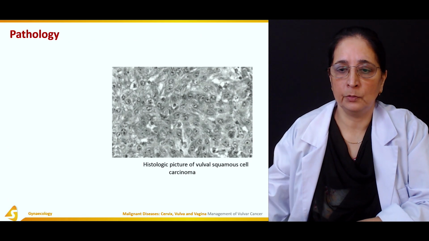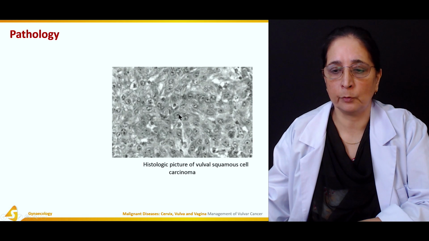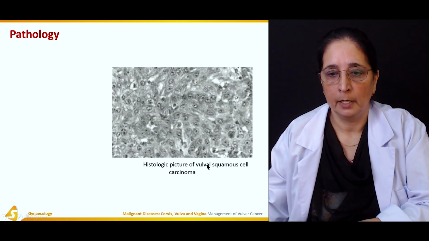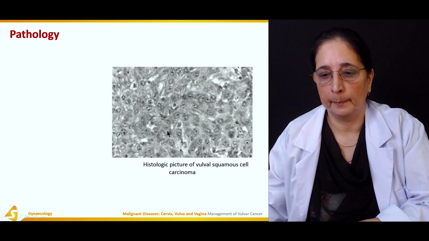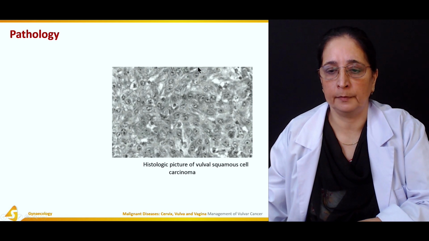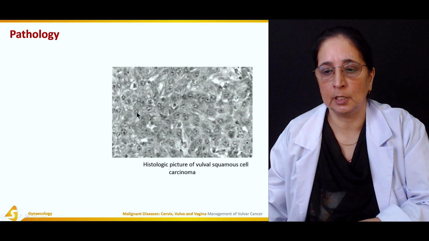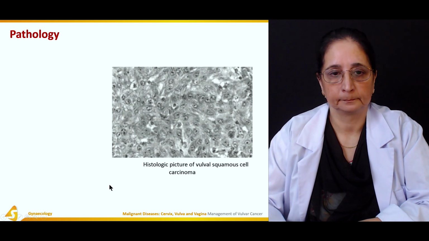Pathology, as you see in this, is the histological picture of vulval squamous cell carcinoma. We can clearly tell these are the squamous cells, but due to the changes as a result of the malignancy, there are dysplastic changes in the squamous cell of the vulva.